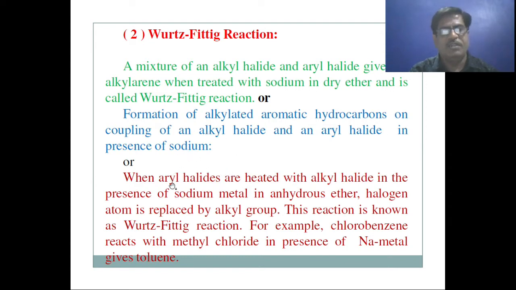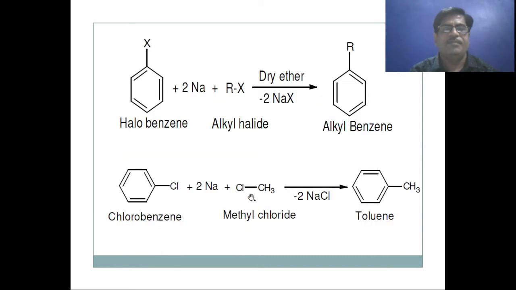When aryl halides are heated with alkyl halide in the presence of sodium metal in anhydrous ether, the halogen atom is replaced by an alkyl group. For example, chlorobenzene reacts with methyl chloride in the presence of sodium metal to give toluene. These are examples of the Wurtz-Fittig reaction.